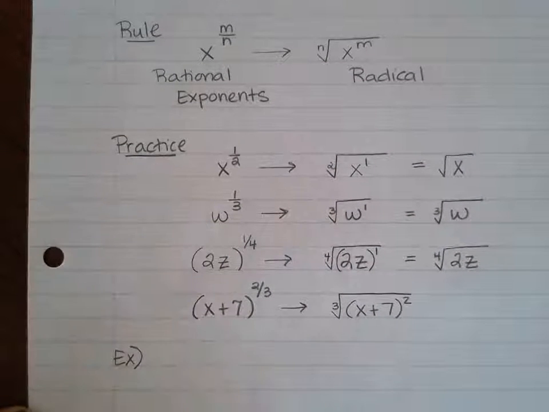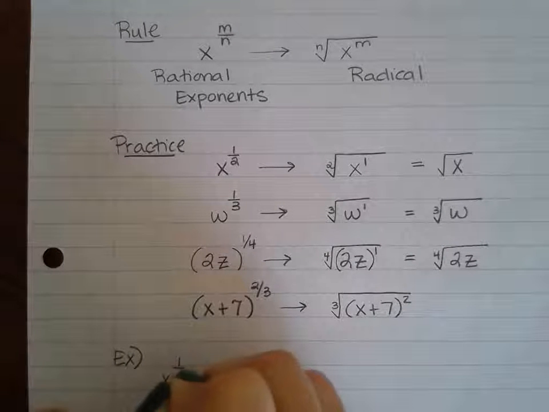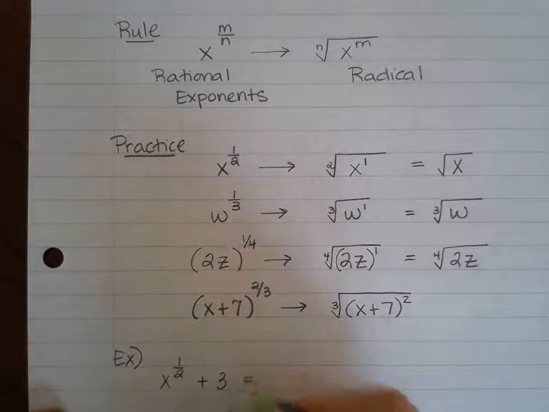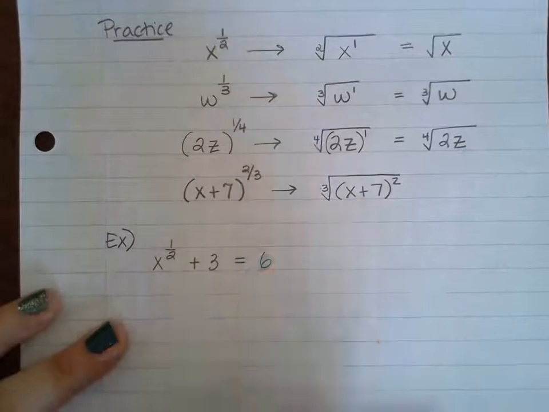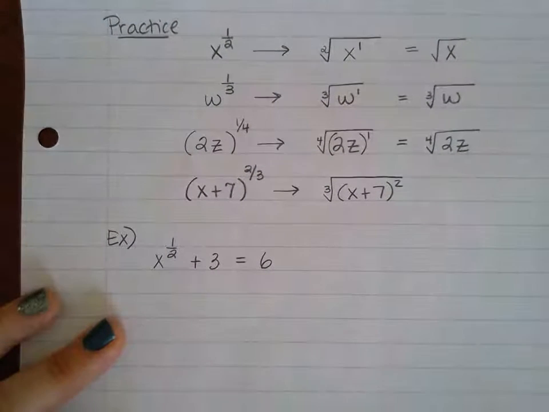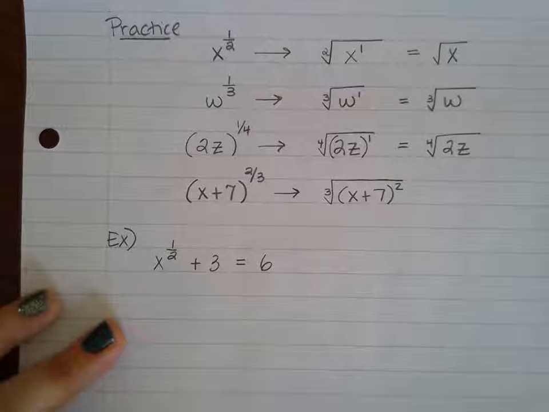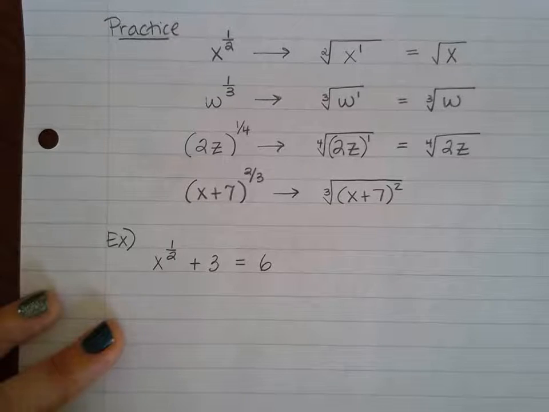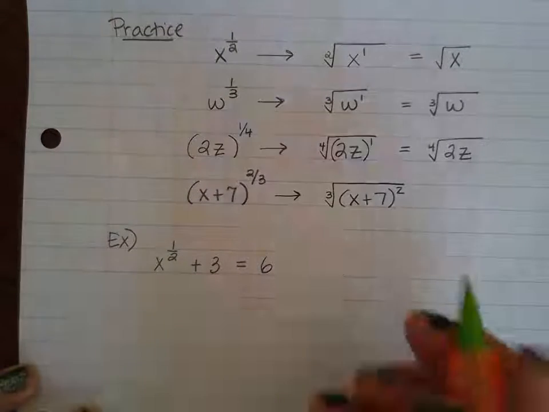So our first example is x to the 1/2 plus 3 equals 6. So in order to do this, we should use the rule and change it to radical form, because now we know how to solve radical equations, and so we can use that skill to help us solve this type of equation. So x to the 1/2 we talked about already.